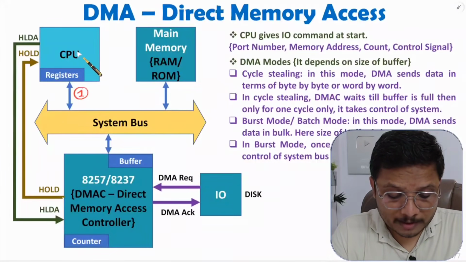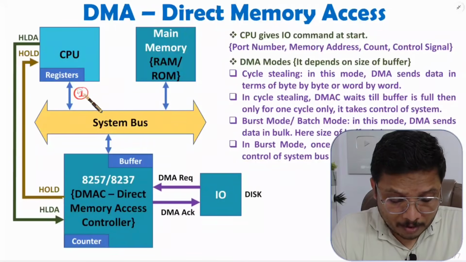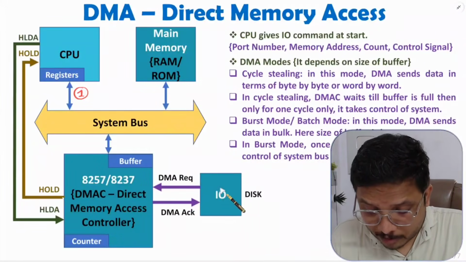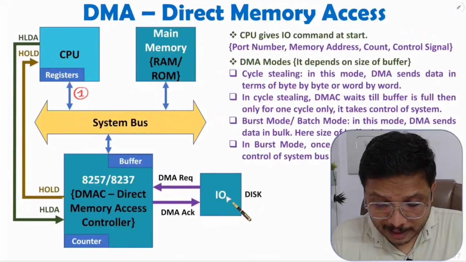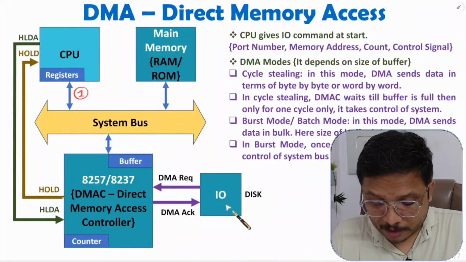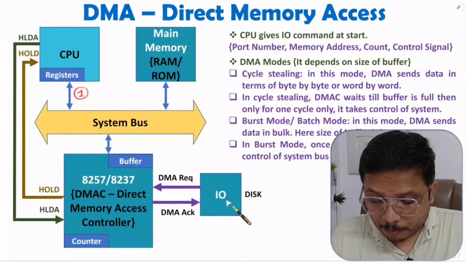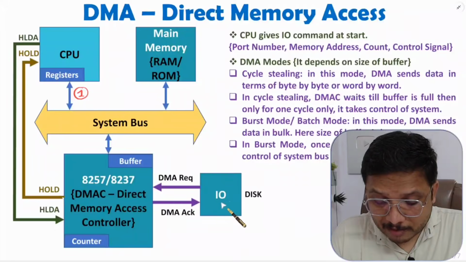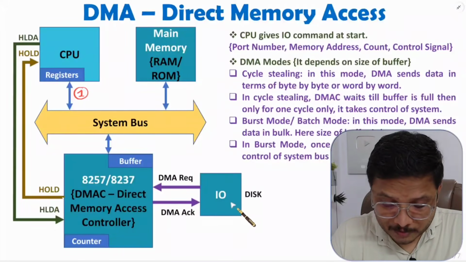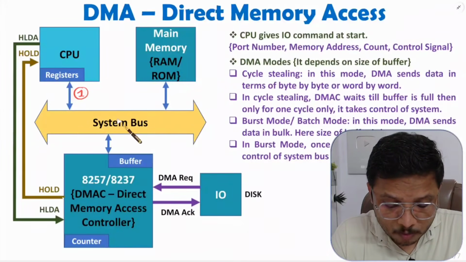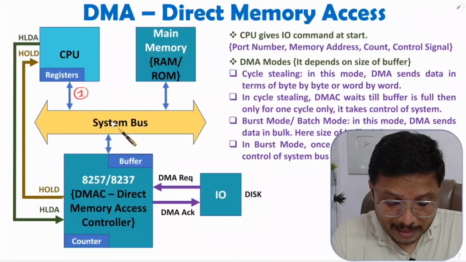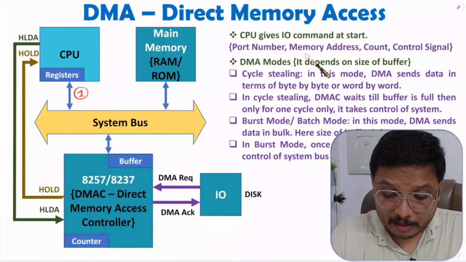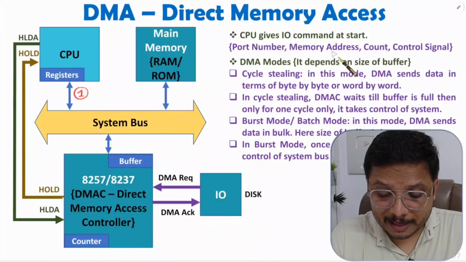Whatever IO port we are dealing with to transfer data, that number will be given. For example, at the IO port, disk is there, so this port will have a well-defined number. That number will be placed over the system bus, and it will be given to direct memory access. Now the second information is the memory address.